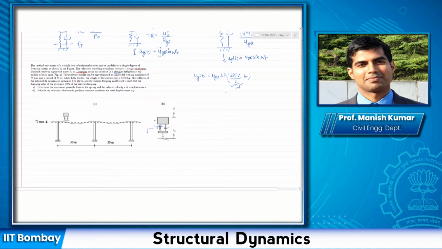So this is your base excitation. Now you need to find out what is the maximum value of this in the spring here. So take 5 minutes and attempt this problem and let me know the answer. What do you get? And then you can proceed to the second part as well if you're done.